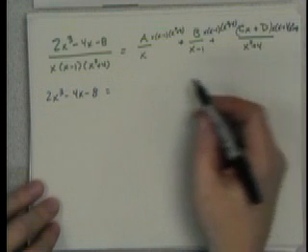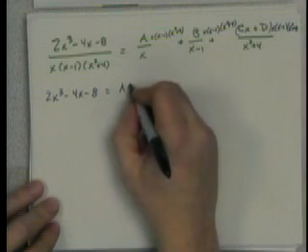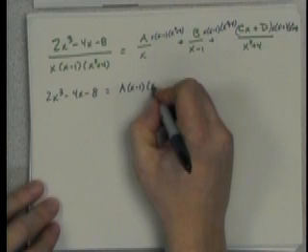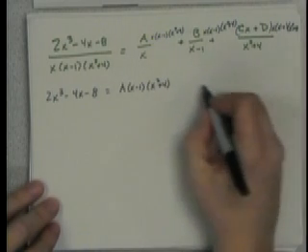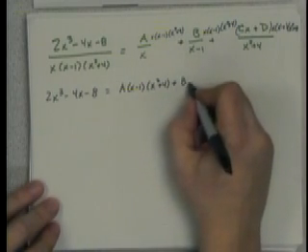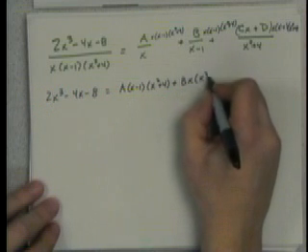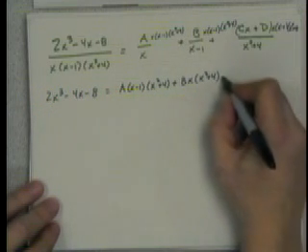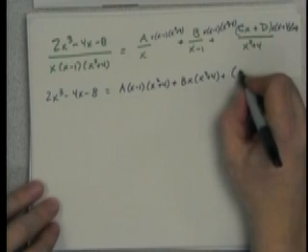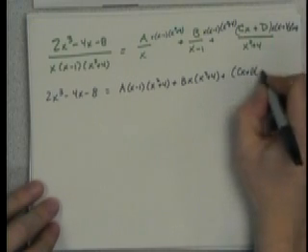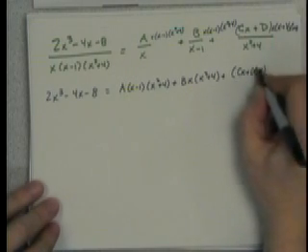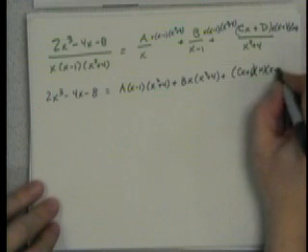On the right, it's a lot more complicated. I have A times x minus 1 times x squared plus 4, and B times x squared plus 4, and I have Cx plus D times x minus 1.